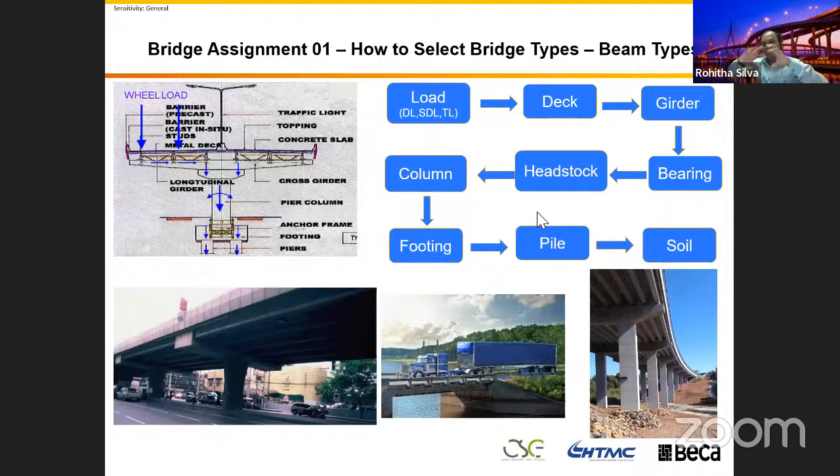So if you select a slab beam type structure, you have all these items. You can see in this picture the deck, beam, bearing, headstock, column, and the foundation.